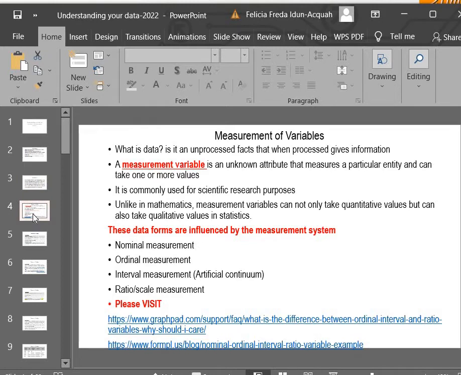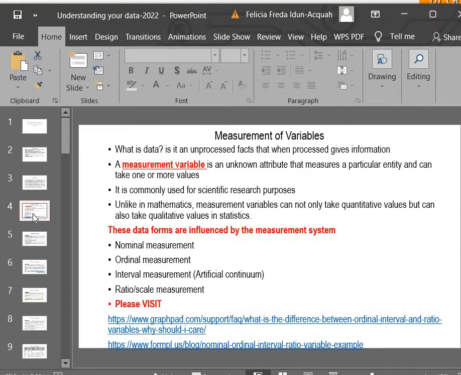Now that we have known the difference between a variable and a construct, we now look at the four main measurement systems that we can use in measuring the various variables or constructs that we are likely to encounter in our studies.